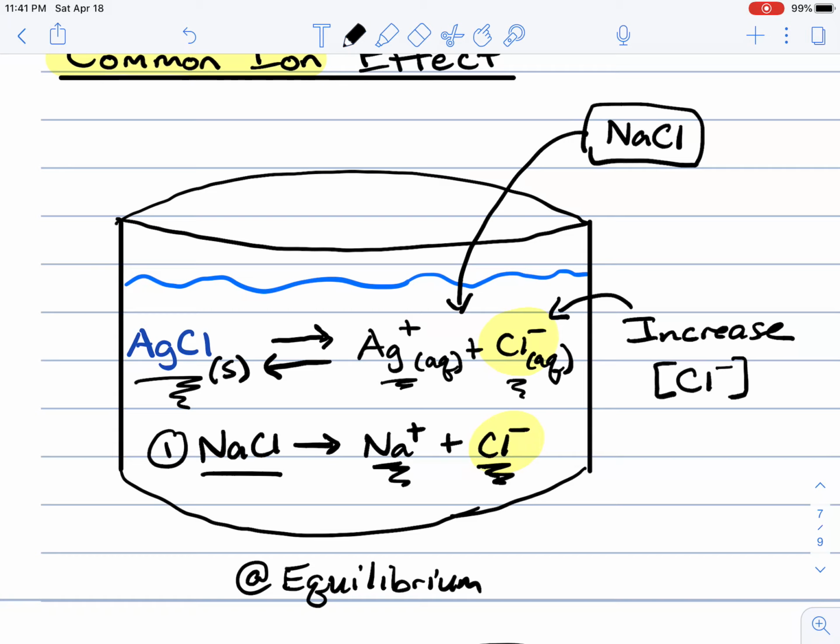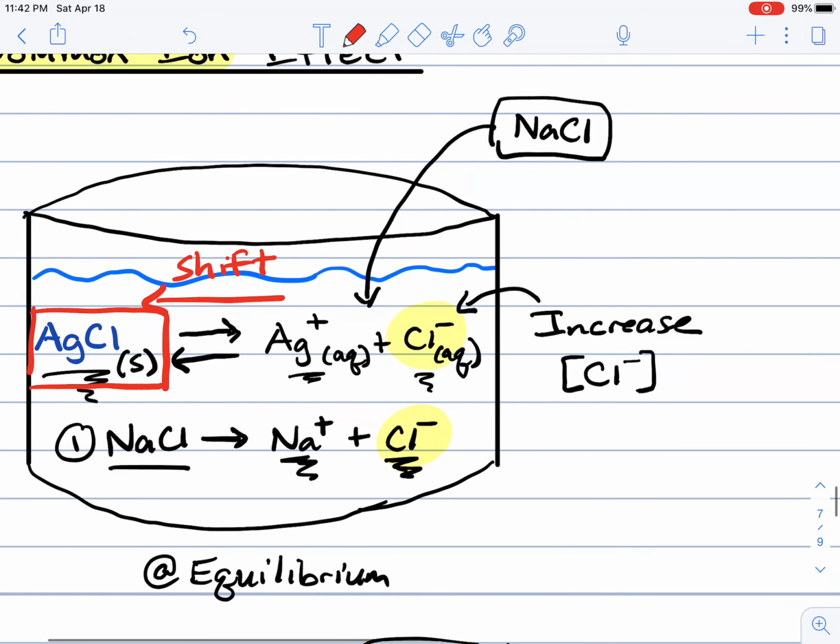And so to counteract an increase in the chloride ion, overall, the equilibrium will shift such that it favors the production of the silver chloride that I'm going to go ahead and box in red. Okay. So here we have a shift in equilibrium, and it's going to shift to the left.